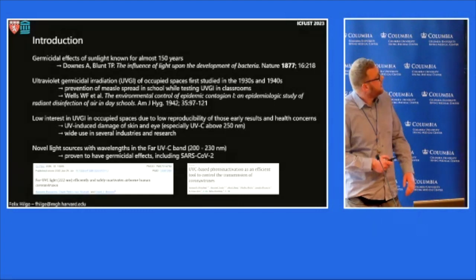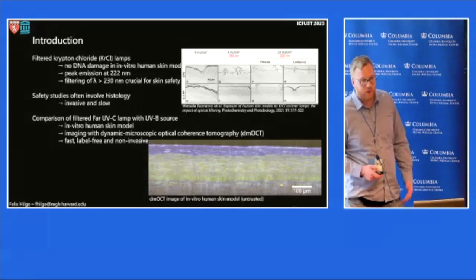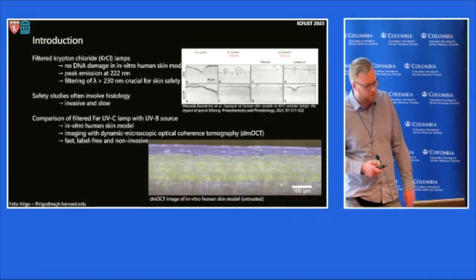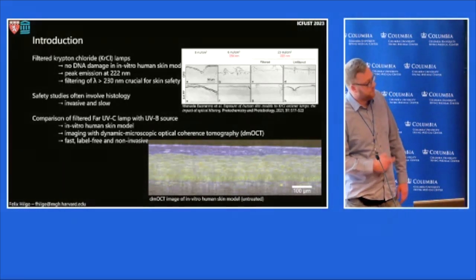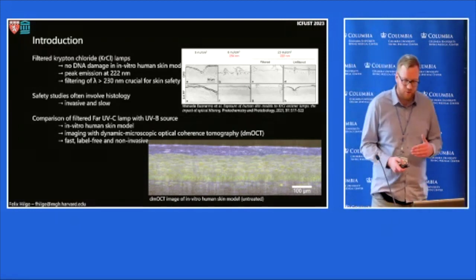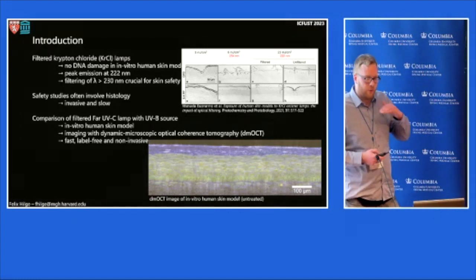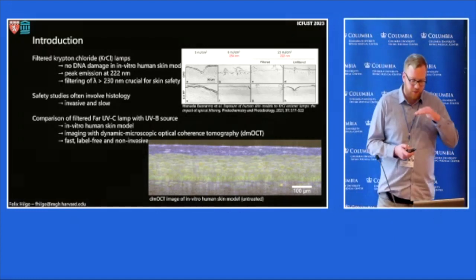And most of the safety studies with skin and also cornea, as we saw earlier today and yesterday, involve histology. And the downside of histology is that it's invasive and often slow, and also especially with skin, the stratum corneum often gets separated from the rest of the sample.